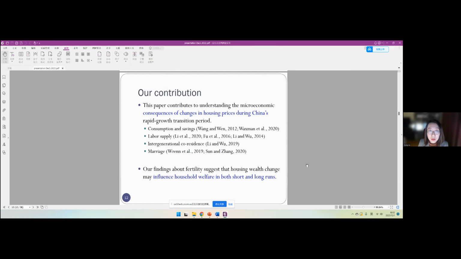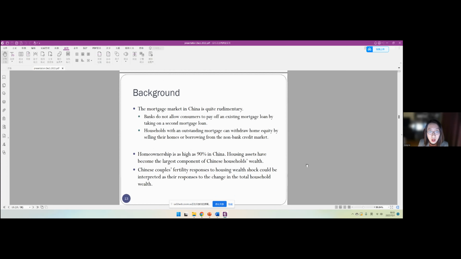Finally, we contribute to understanding the microeconomic consequences of changes in housing prices during China's transition period. The literature has studied the impact of housing price on consumption, savings, labor supply, co-residence, and marriage. And our findings about fertility suggest that housing wealth change may influence household welfare in both short and long runs.